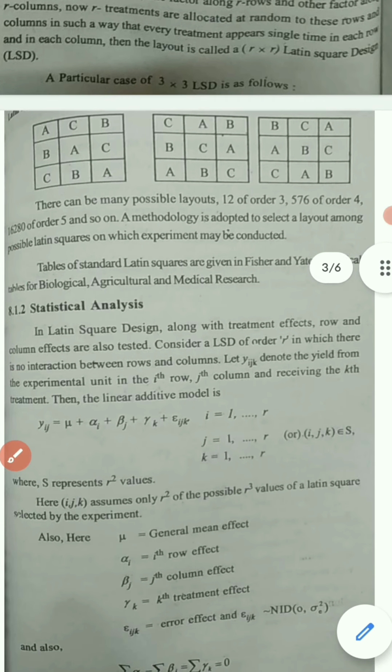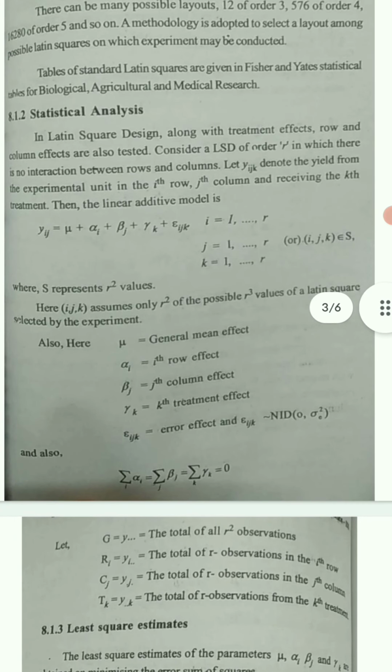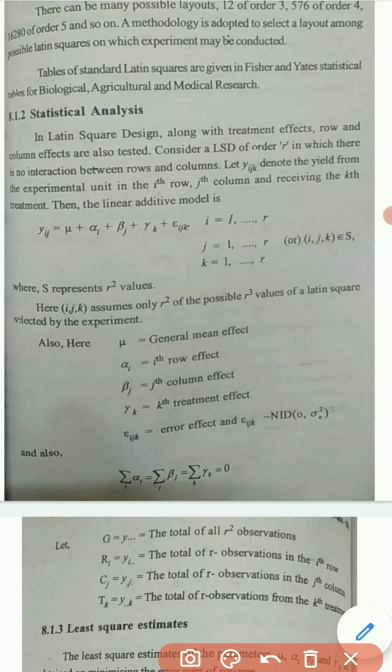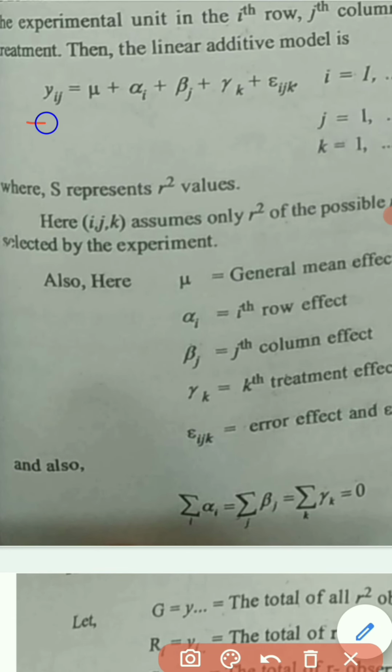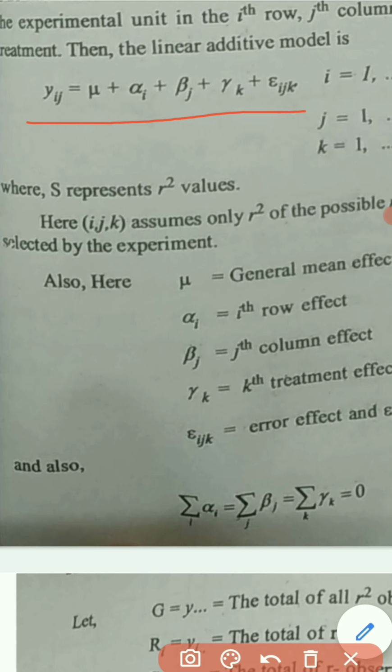Now students, just see the statistical analysis of it. So here, see this once: Yij is equal to mu plus alpha i plus beta j plus gamma k plus epsilon ij. Here alpha i, beta j, gamma k are the row, column and treatment effects, and epsilon is the error. Row-wise alpha, then column-wise beta, then gamma is treatment-wise, then epsilon ij is the error effect.